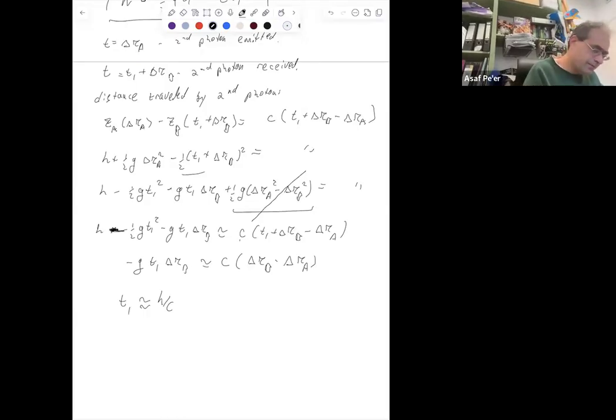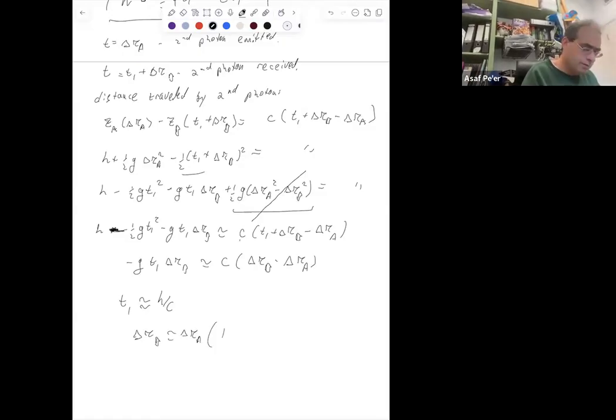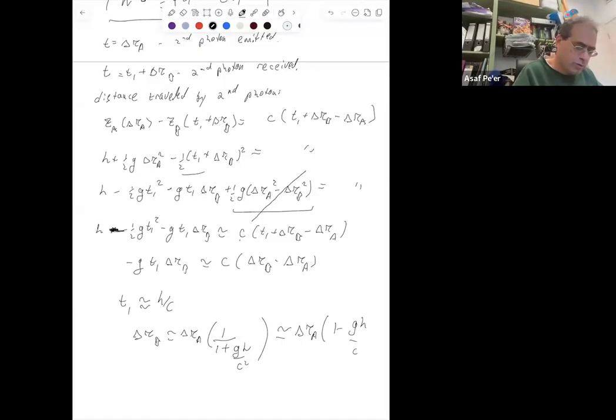So we have delta tau Benny is delta tau Ayala times 1 over 1 plus G H over C squared. Or as a Taylor expansion, delta tau Ayala times 1 minus GH over C squared. This is all first order approximation.